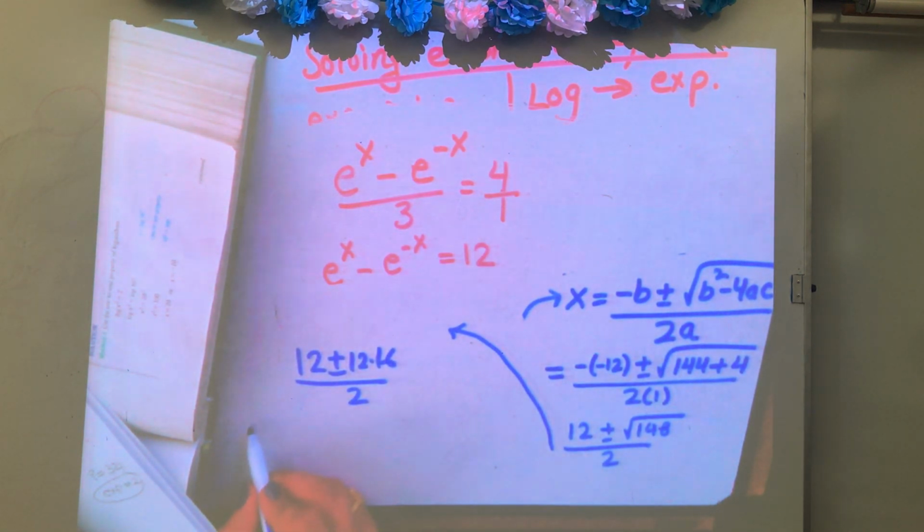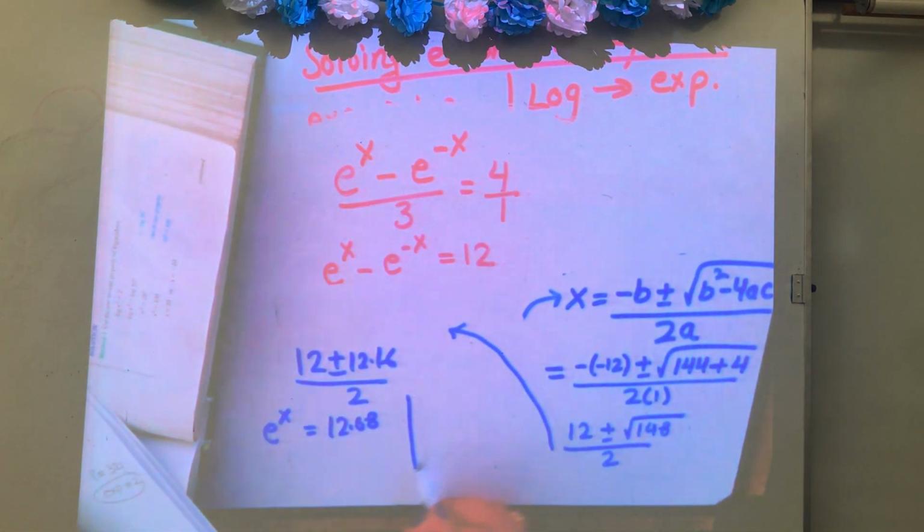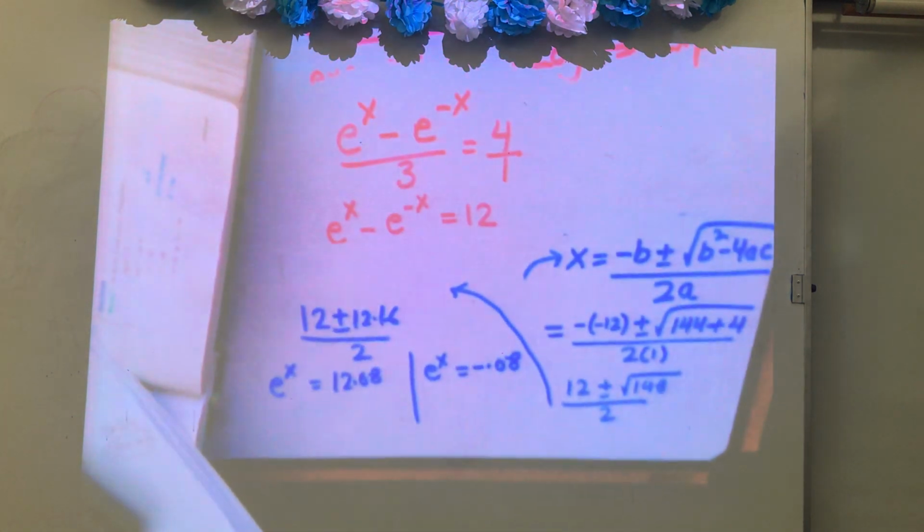So I'll be getting 2 answers, both equal to e to the x. Let me add 12, divide by 2. So my first number would be 12.08. The second one would be 12 minus 12.16, divided by 2, and I have -0.08. So each individual one is exponential.